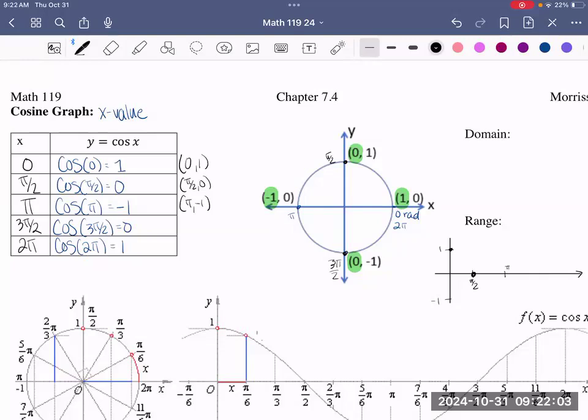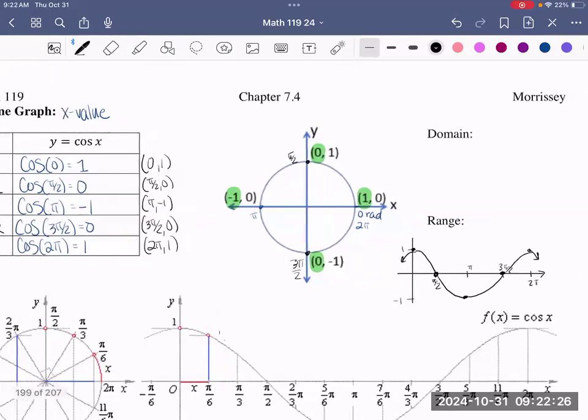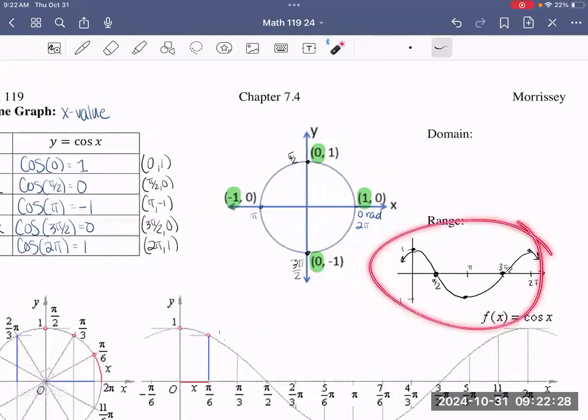So pi being here will be all the way down here. At 3 pi over 2, we're back to 0. And then at 2 pi, we're now all the way back at 1. Again, we'll connect your dots. Notice that, again, we have five coordinates plotted on any sort of graph.